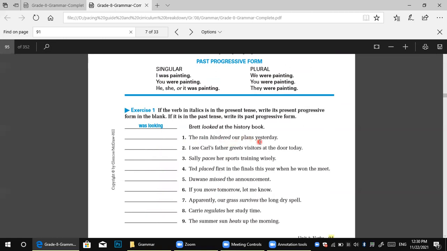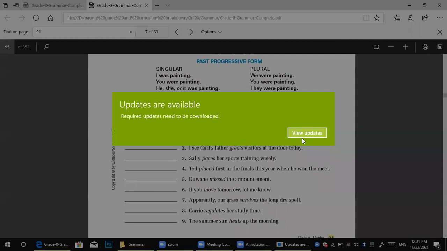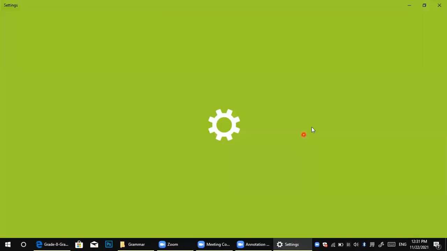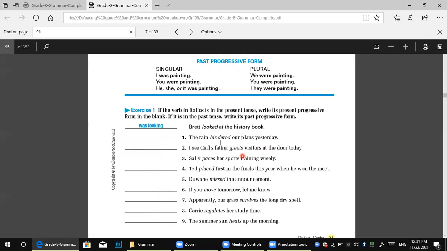Is delayed present or past? Delayed is past, of course. So the rain was delaying our plans.